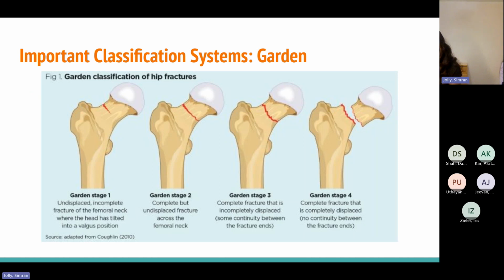And just to touch on, there are some important classification systems that they use in orthopedics. One of them is the Garden classification, that's for hip fractures, and this is quite a high yield topic. So I would definitely take your time to go through it and memorize it. It's important because the higher the stage, the worse the fracture is.